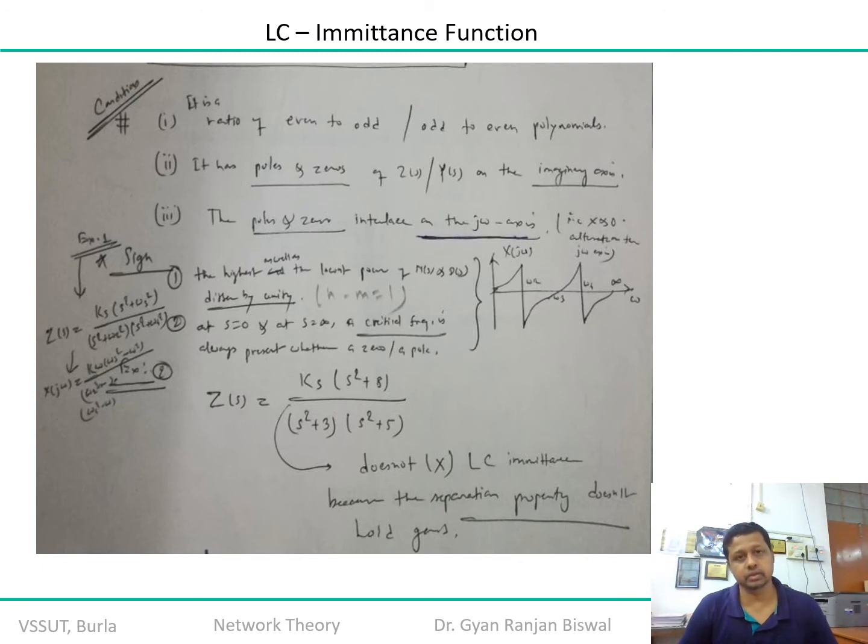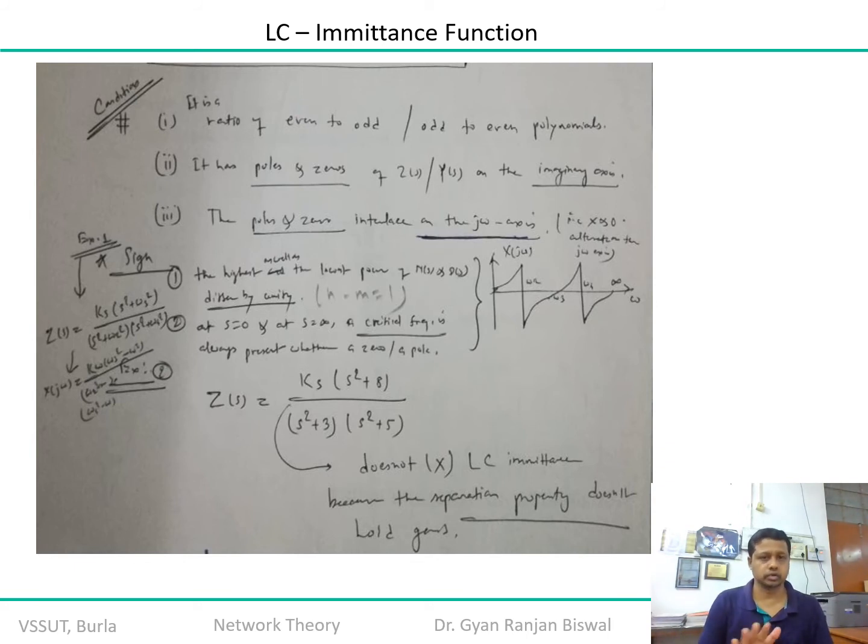So the difference between the two is always 1. It satisfies that. Number two, it is clearly shown that there is a zero at s equal to 0, because of the factor s. That is a defining critical frequency of this particular transfer function.